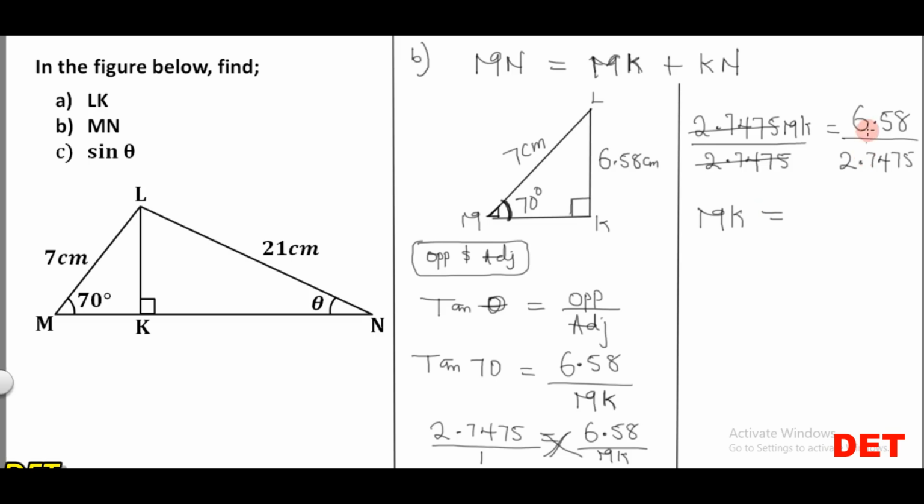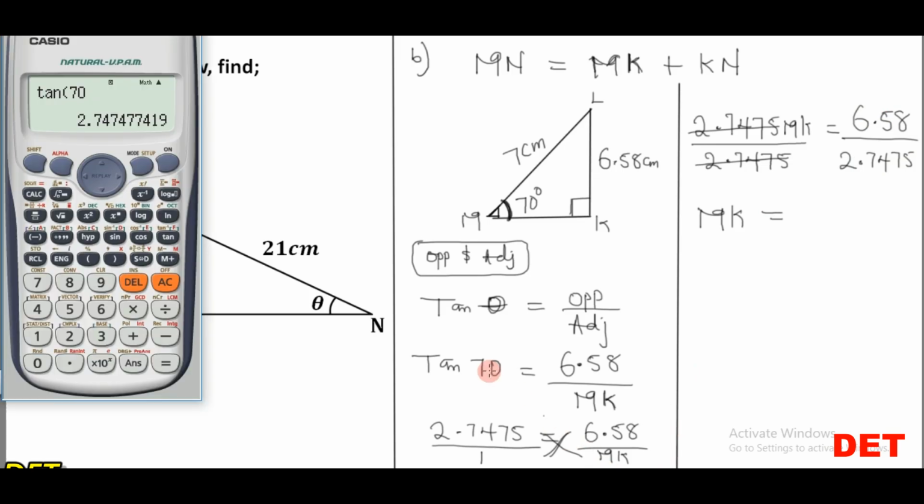All right, equal to 6.58 divided by 2.7475. What would that be? So 6.58 divided by 2.7475 is equal to 2.394. So that's approximately 2.4.